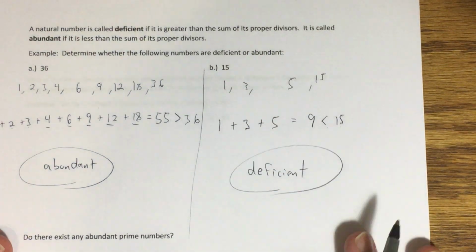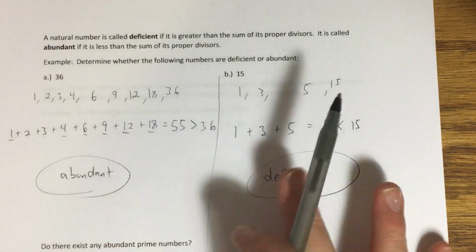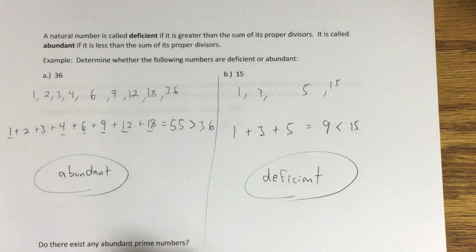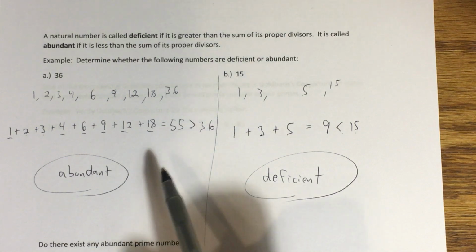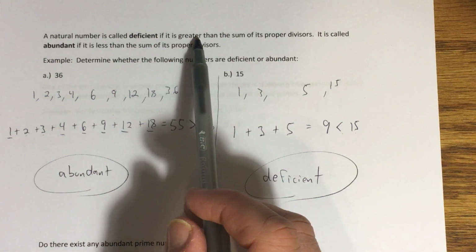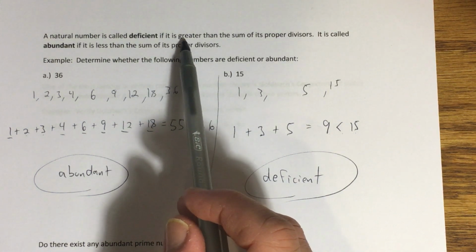Now, the terminology here might seem a little bit confusing because deficient generally means little or not enough of something. Abundant means a lot or sometimes even too much of something. So it seems a little bit weird that in the definition for the term deficient, we see the word greater. It doesn't seem like deficient should have a definition involving the word greater.